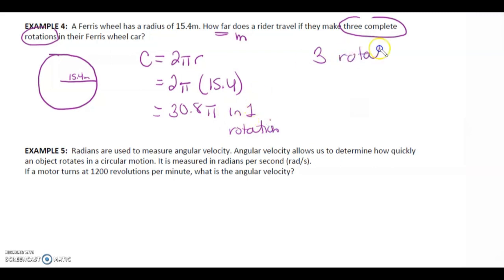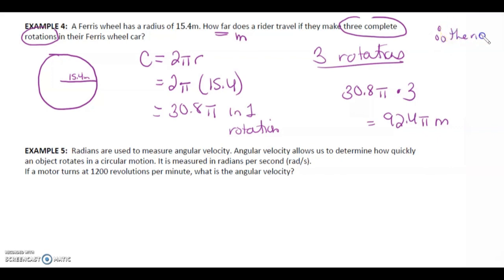Okay, so now in 3 rotations, we have 30.8 pi times 3. So 92.4 pi meters. Okay, and you can write a therefore statement. Therefore, the rider travels 92.4 pi meters in 3 rotations.